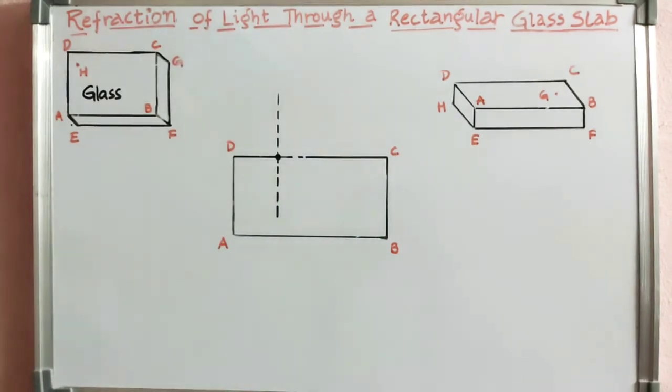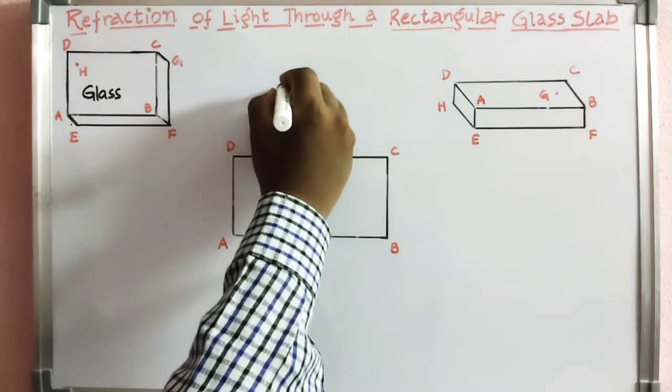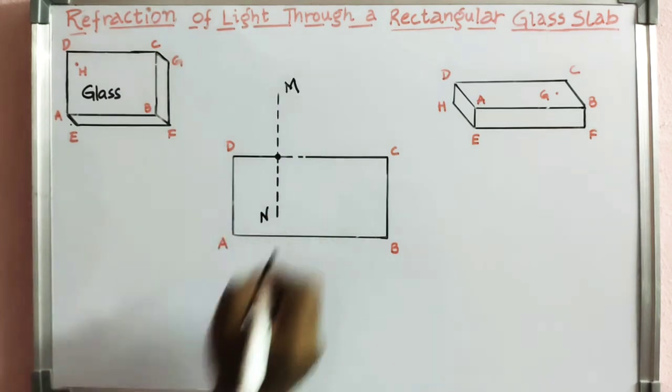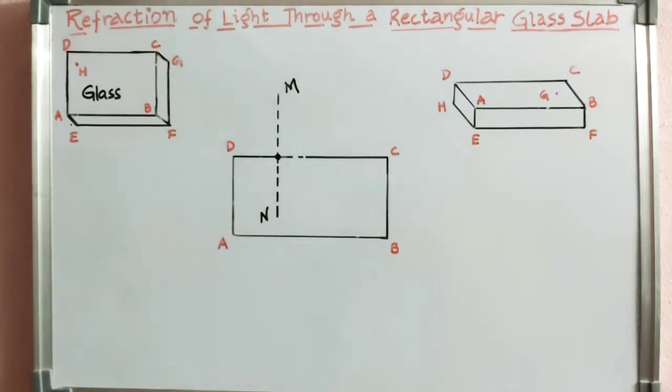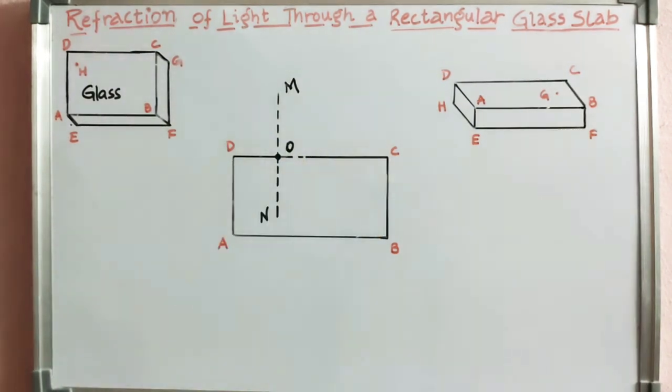This perpendicular line is normal to CD. Normal means perpendicular. Let me name this line so that it is easy to refer to again and again. The name of the line is MN, and the name of the point is O. MN is perpendicular, normal to side CD, correct?